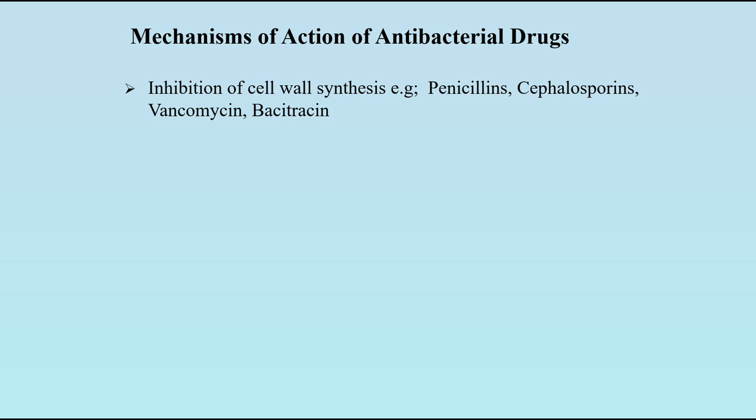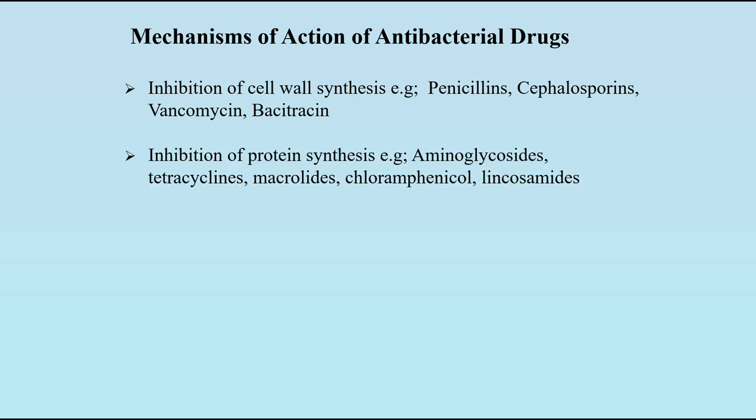Examples of inhibitors of cell wall synthesis are penicillins, cephalosporins, vancomycin, and bacitracin. These drugs all have slightly different structures, but their mode of action is to stop the synthesis of the bacterial cell wall.